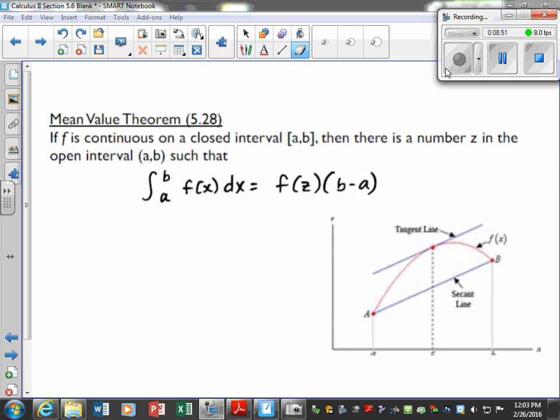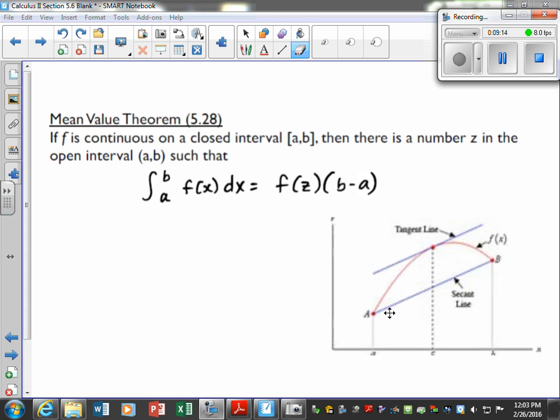Alright, before we go any further, let me just stop for a minute in case you don't remember the mean value theorem that we talked about in Calculus 1. Remember we said if we had some function, let's just say this is our function in red, and here's our a to b over here, our interval, and I drew a secant line from here to here.